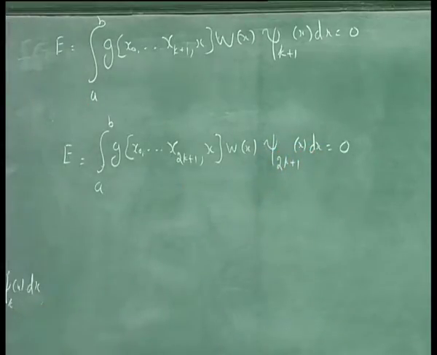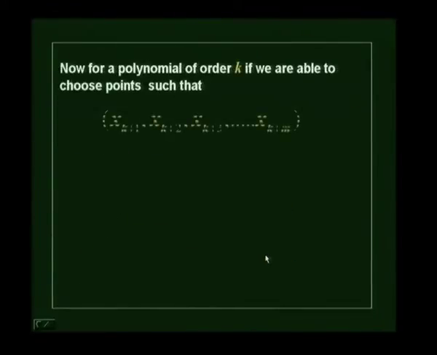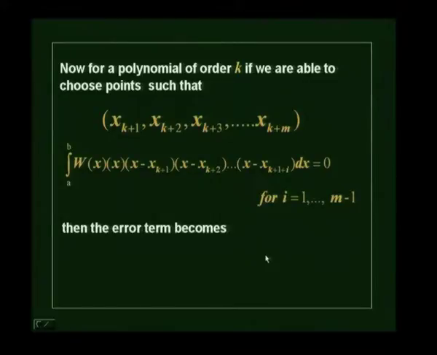So, that is what we want to reach. Okay. So, that is what I have been summarizing here. Okay. So, let us go to the next level by choosing this such that this is 0, and then we go to the next level and so on, till we reach the error to be 2k plus 1. Okay.